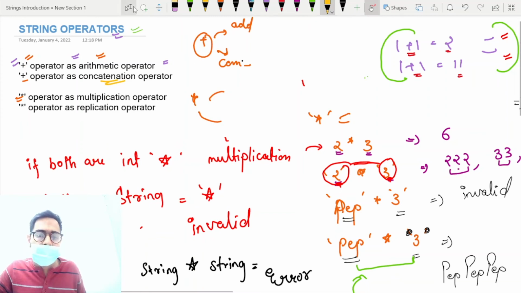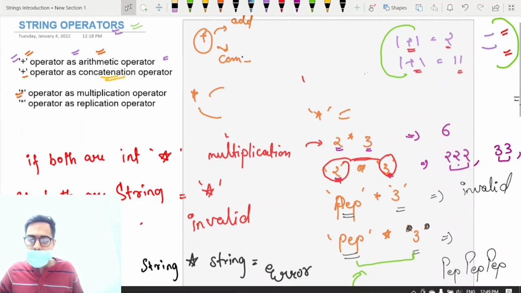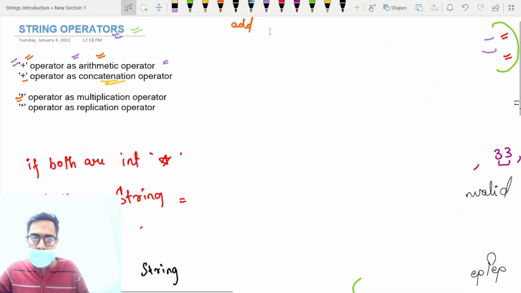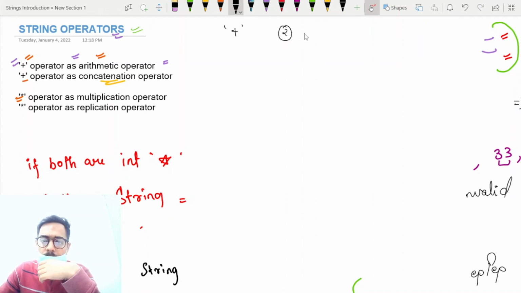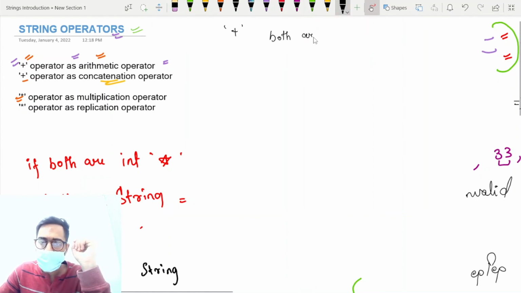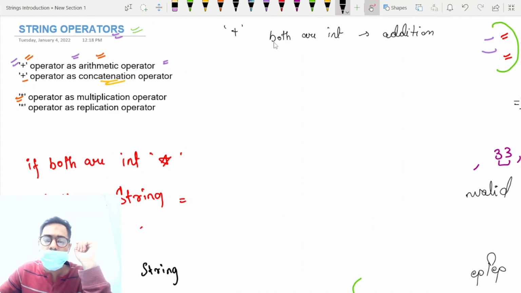So over here, let's conclude the 3 points one by one. For plus, if both are int, what will get performed? Addition. If both are string, what will get performed?